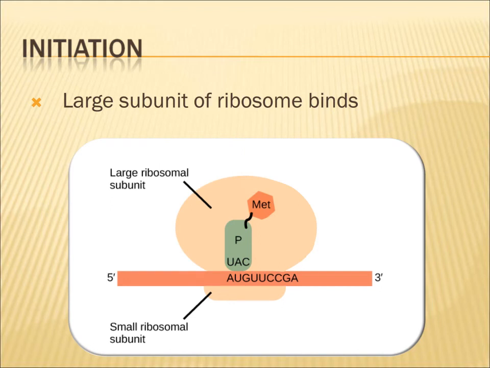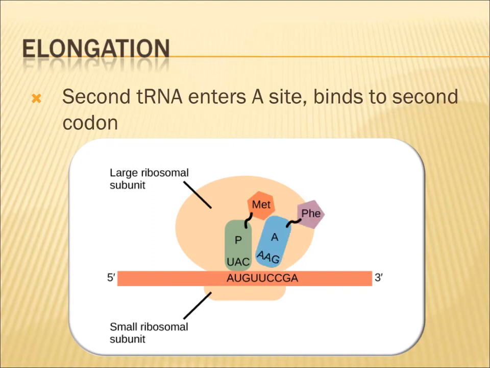Then the large subunit of the ribosome binds to the messenger RNA, locking the transfer RNA into the P site of the ribosome. You can see that the next codon on this messenger RNA is UUC, so the next transfer RNA that binds is carrying phenylalanine. It enters the A site of the ribosome.